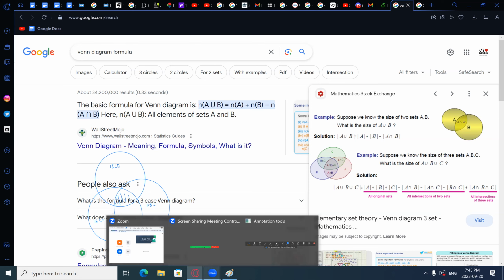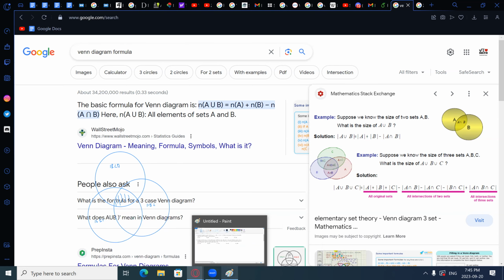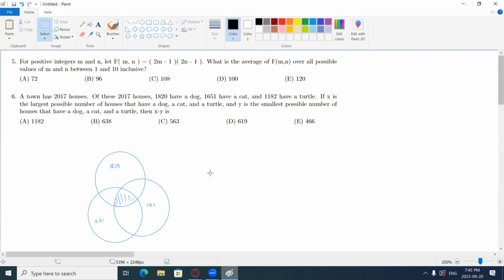And we know that the number of houses here is 2017. Oh, we can first add up. So actually, we should write 2017 here first.